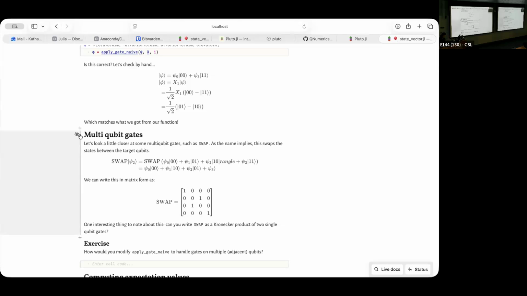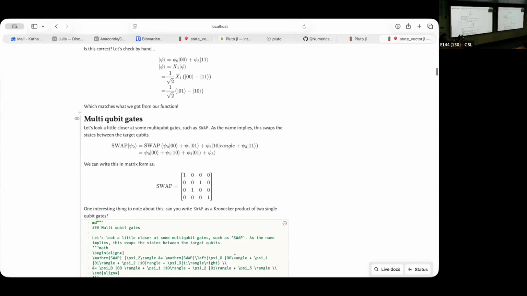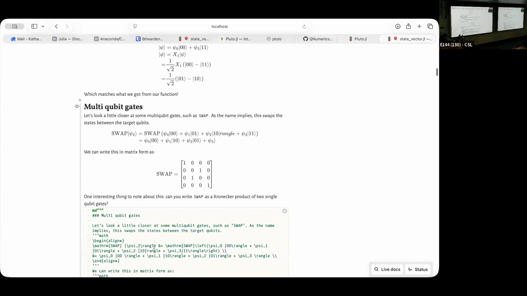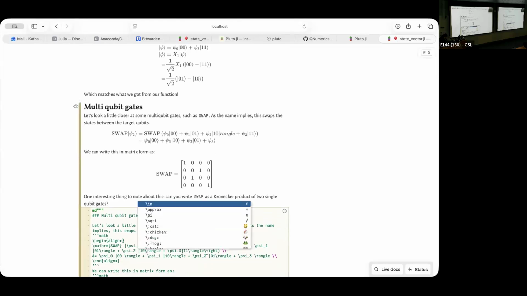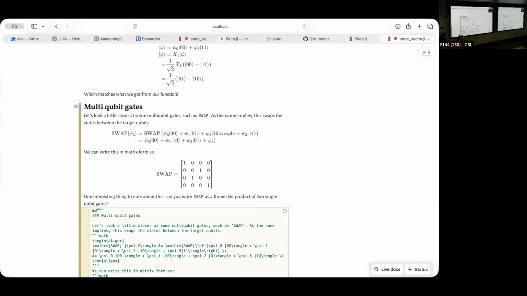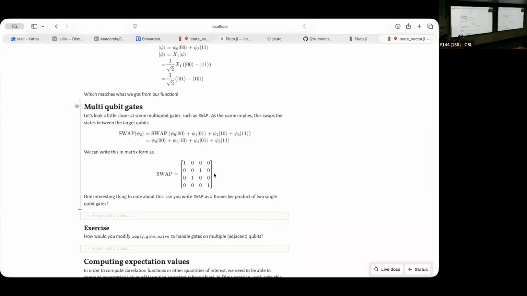I'm gonna try and fix my LaTeX. Would this try online? That should work. I'm trying to do it through there. There we go.